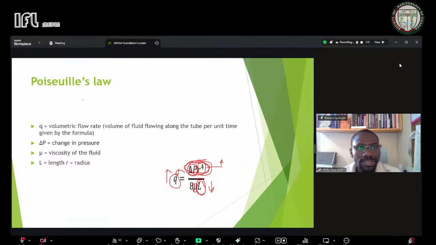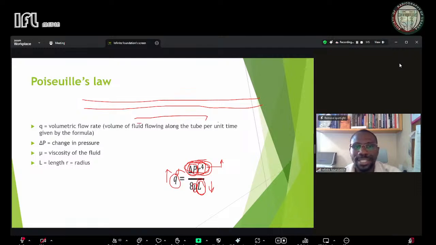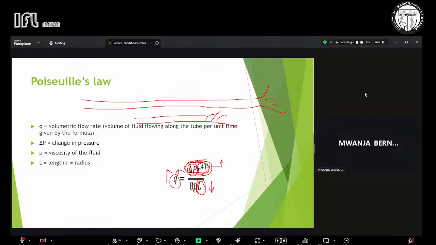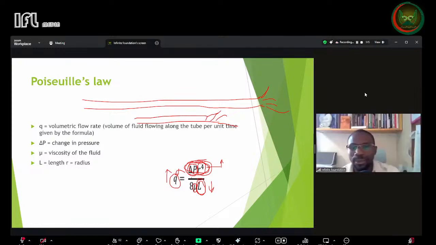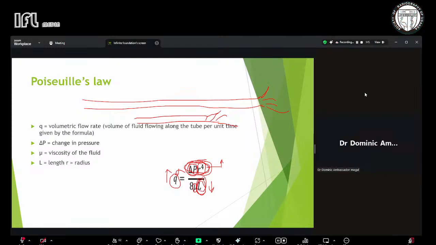So if we have our vessel as long as that, and we have another one as short as that, and this is the distal beds. You said where is the highest resistance? At the fetal end, the cord insertion. Yes.